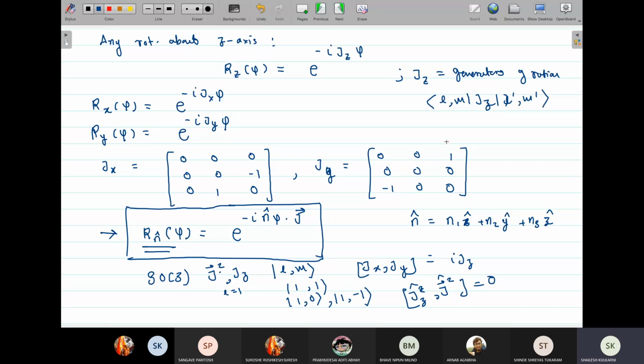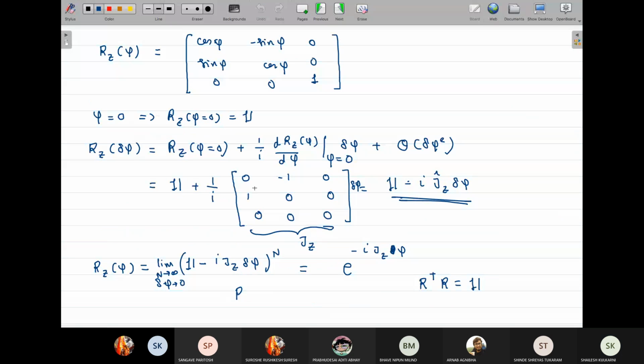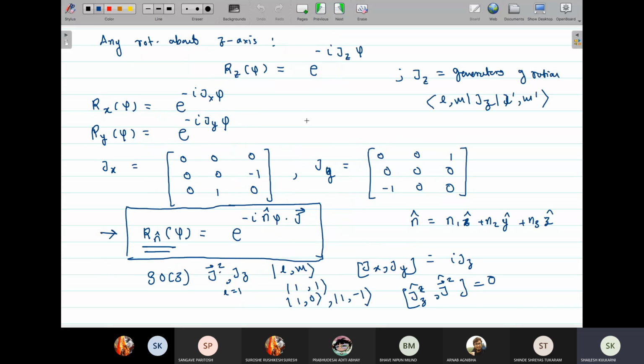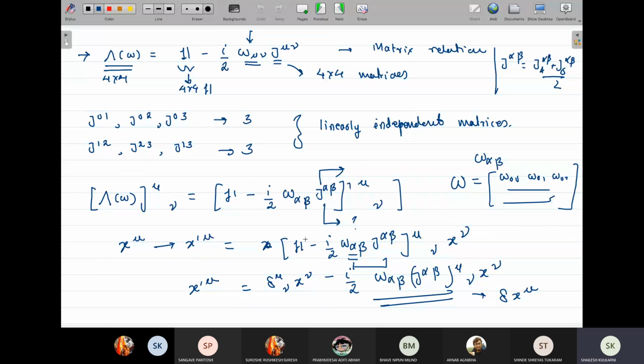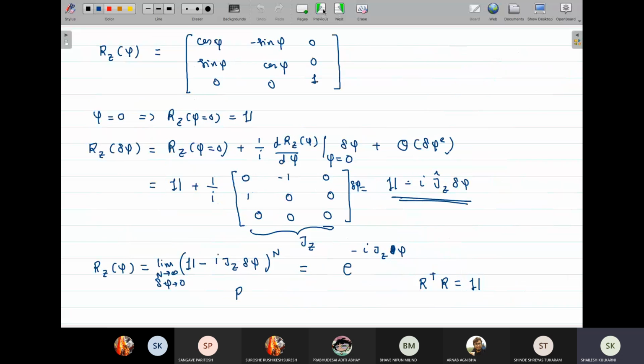These matrices in 3 dimensions happen to be this one. Just a minute. Yeah, this is the Jz in coordinate representation.